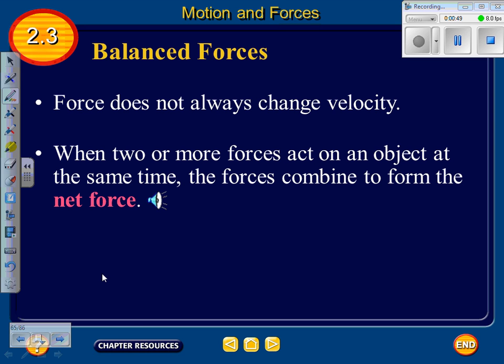When two or more forces act on an object at the same time, the forces combine to form the net force. It's just like saying A plus B equals the net, or the total, so that this force plus this force combined produce the net force.